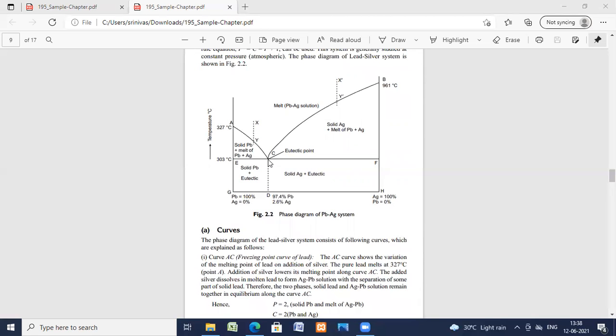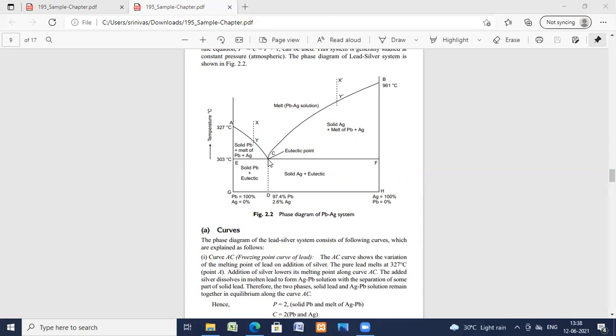So at the point P is equal to 3, C is equal to 2, F is equal to C minus P plus 1. F is equal to 2 minus 3 plus 1 at a eutectic point. F is equal to 0. At this point, the system is invariant, non-variant.